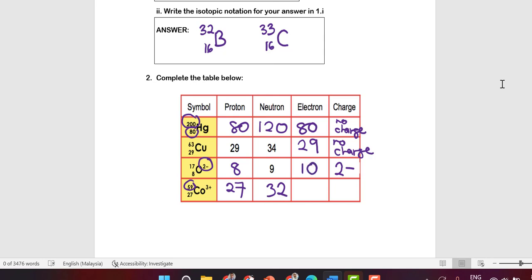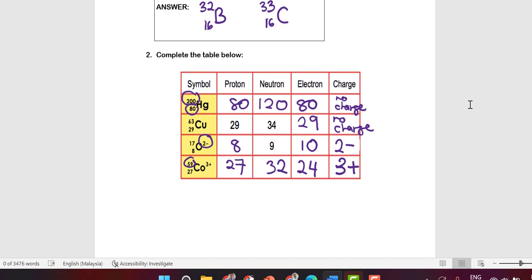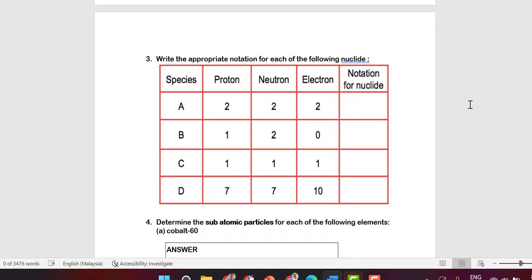Here we have charge for 3 positive. So proton dia akan lagi besar daripada electron. So berapa banyak dia besar tu? 3 lah by number of 3. So here we have 24. Electron mesti nombor dia kecil.